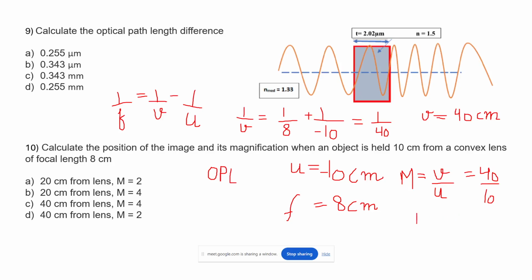As a result, we'll get magnification as just a single value of 4. So the correct option for this case will be option C, where the position of image is 40 centimeter from the lens and the magnification is 4.